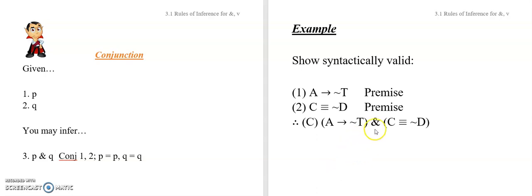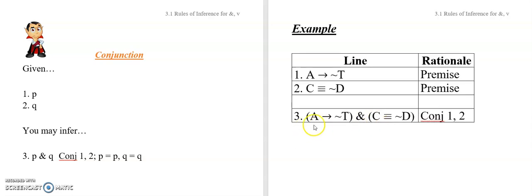In this case, you're supposed to go from these two strings, if A, then not T, and C if and only if not D, to this whole string here. You may have to use conj to do it, so give that a try. Okay, in this case it's pretty straightforward.